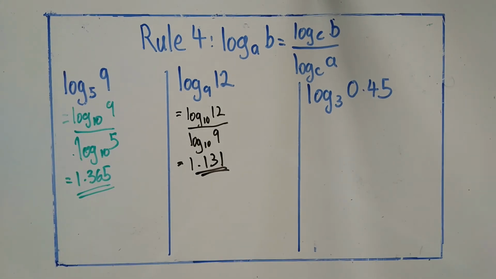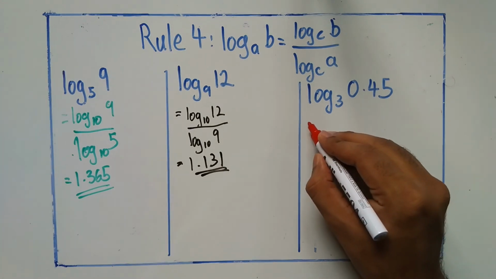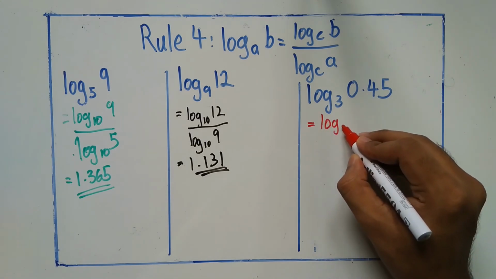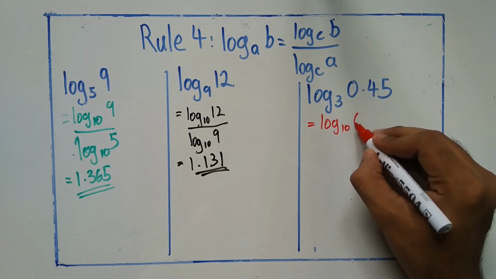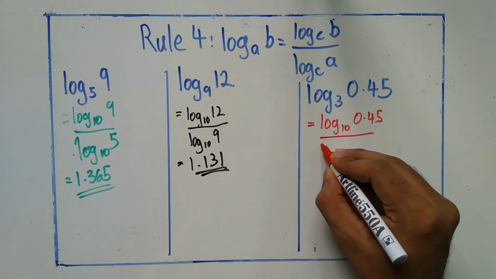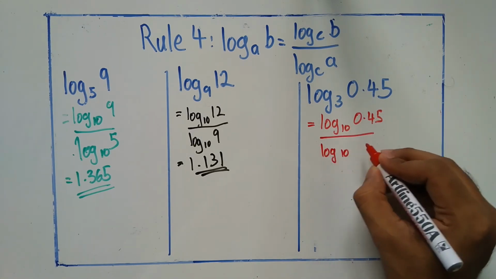In the third example, we have log base 3 of 0.45. Use the same method to change the base to log base 10. We get log 10 of 0.45 divided by log 10 of 3.